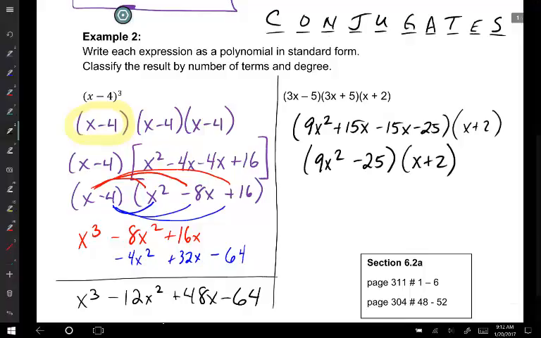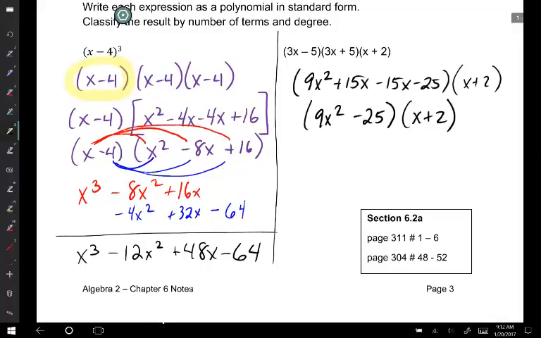So remember, conjugates are nice, and because that's the case, my goal on this first one is to choose to multiply the conjugates together first, because I know those middle terms are going to drop out. So if you ever bump into a problem with conjugates, do those first. It just makes life easier, and that's why I put this example on here, to give you an illustration of that.